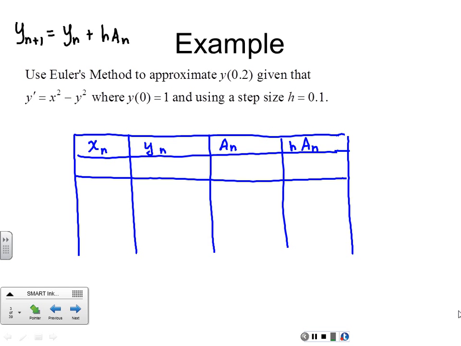This is going to help me do the steps out in the right order. Okay? So what you're going to start off with, what do you think we're going to put in the first x of n blank? What are we going to put there to start us off?